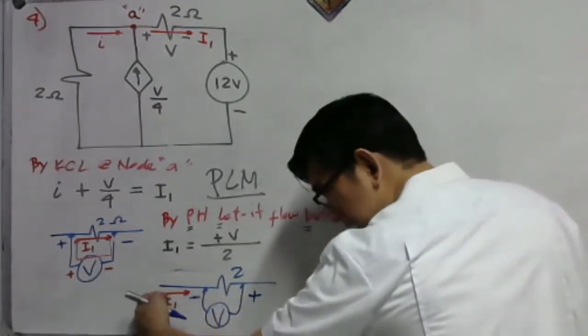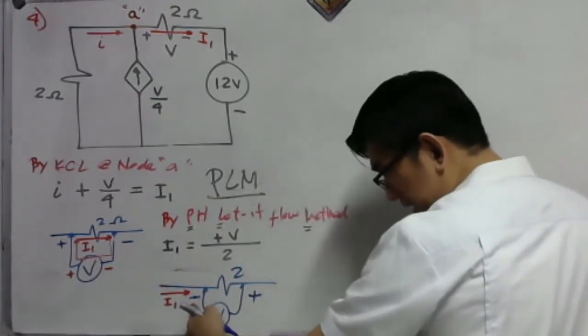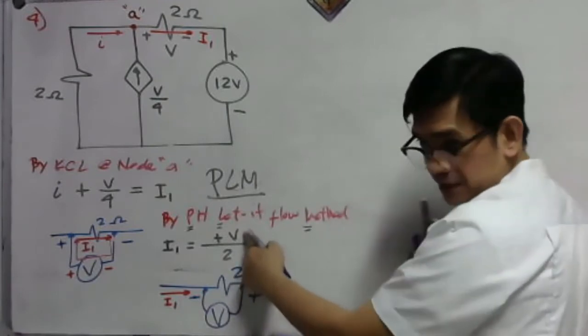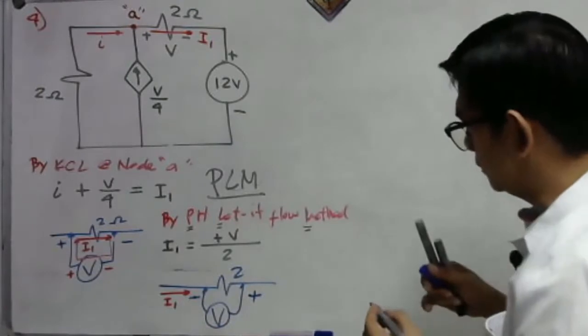If this current I sub 1 enters on the negative, that should be negative B. Is that clear? Okay, so let us continue.